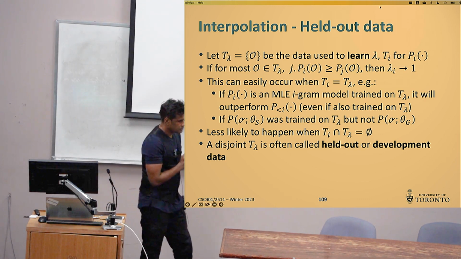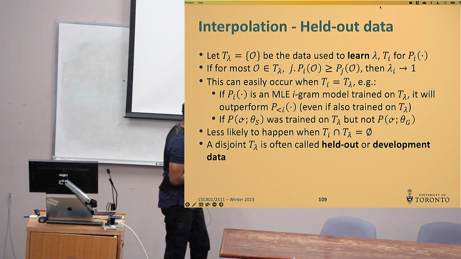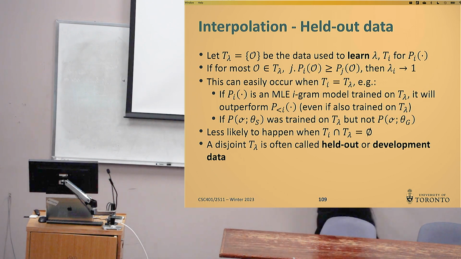So let's say lambda 1 times LM unigram plus lambda 2 times LM bigram plus lambda 3 times LM trigram.